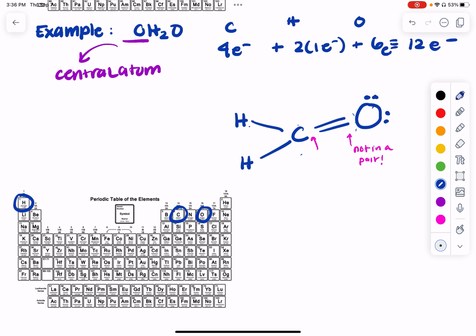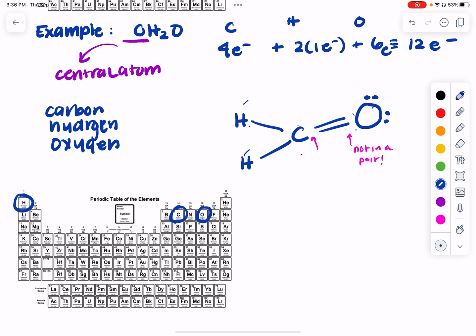Okay. So our goal is that each atom has 8 electrons, except for hydrogen. Hydrogen has 2, and both the hydrogens have 2, so we're good. The carbon has 2, 4, 6, 8 electrons, so we're good there as well.